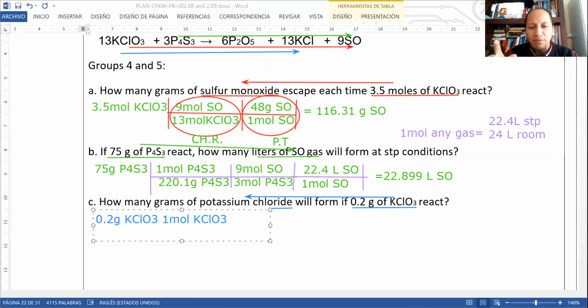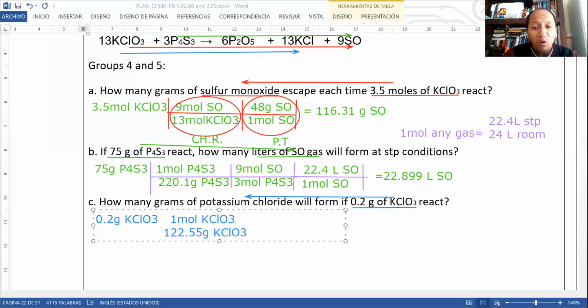You add the masses from the periodic table, potassium, chlorine, and 3 oxygens, and you get 122.55 grams of KClO3. Good. In this moment, you just passed the grams of KClO3 to moles.